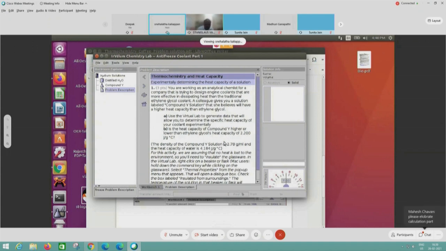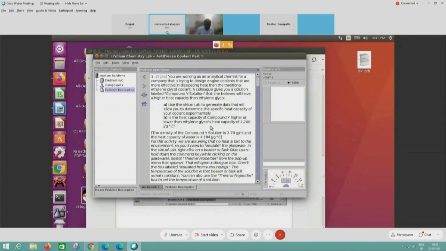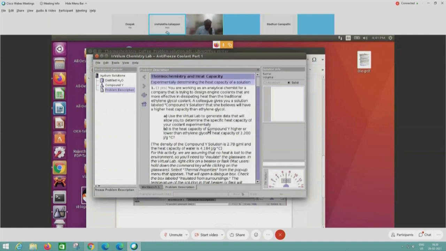It basically says that we have a compound Y whose heat capacity we have to find out, and then we have to compare it with ethylene glycol. We have to find out if it is more or less than ethylene glycol. Please read the full problem, it is very interesting.